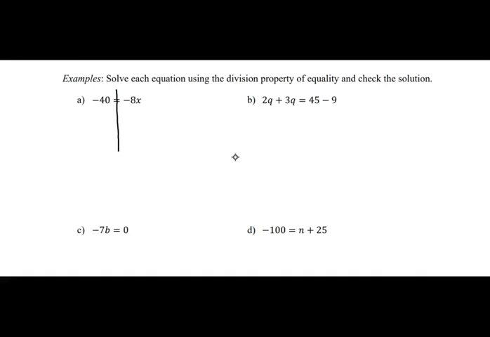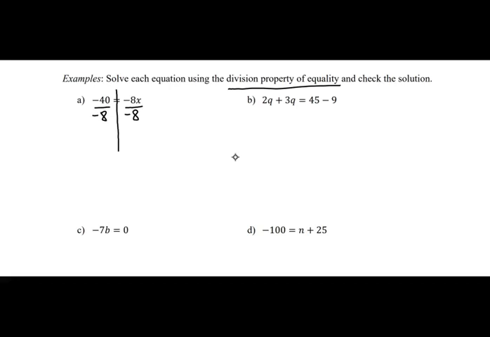Here we have -8 times x. Because we use the division property of equality, we're going to divide both sides by -8. Make sure that you do it on both sides to keep the equation true.